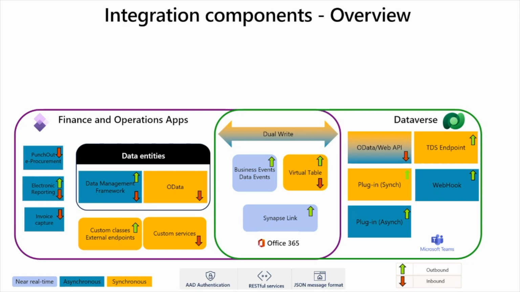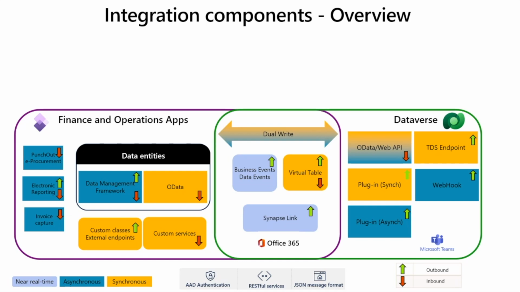Finally, we have specialized endpoints used for dedicated scenarios such as electronic reporting, often used to fulfill regulatory requirements or EDI communication needs, or the punch-out feature to utilize worldwide standard integrations for vendor collaboration, or the invoice capture solution designed to automate the import and processing of vendor invoices.